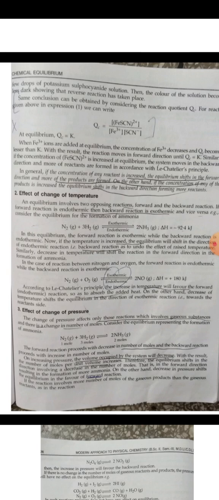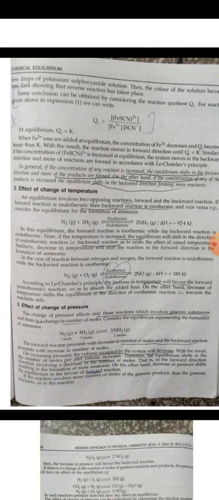If temperature is increased, the equilibrium will shift in the direction of the endothermic reaction. That means the equilibrium will shift in the direction in which the heat of the system decreases, and this will occur in the backward direction.